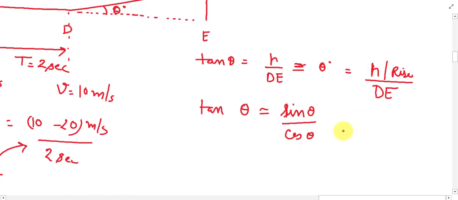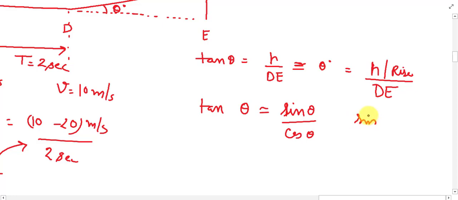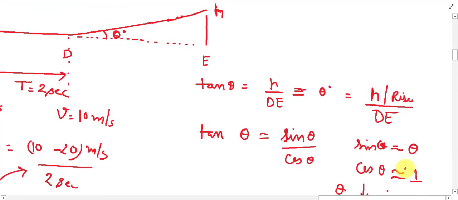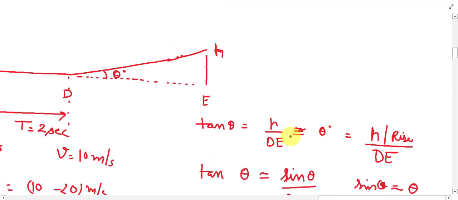We can say that sine theta is equal to theta, and if theta is very small, then cos theta tends to 1. This is all about a little introduction of the gradient.